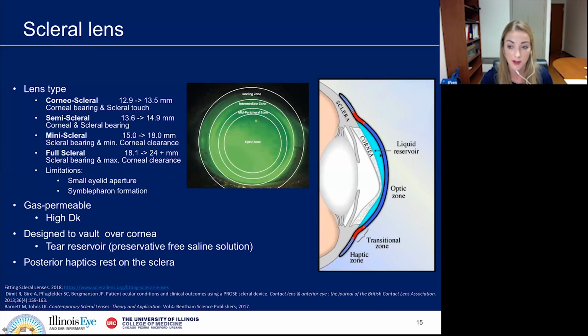The smaller that area, the more oxygen is able to get to the cornea. And we also have the posterior haptics that are fitting onto the sclera. Those are supposed to be aligned, but in order to have some tear exchange, we might want one area to be a little bit flatter to allow for that.